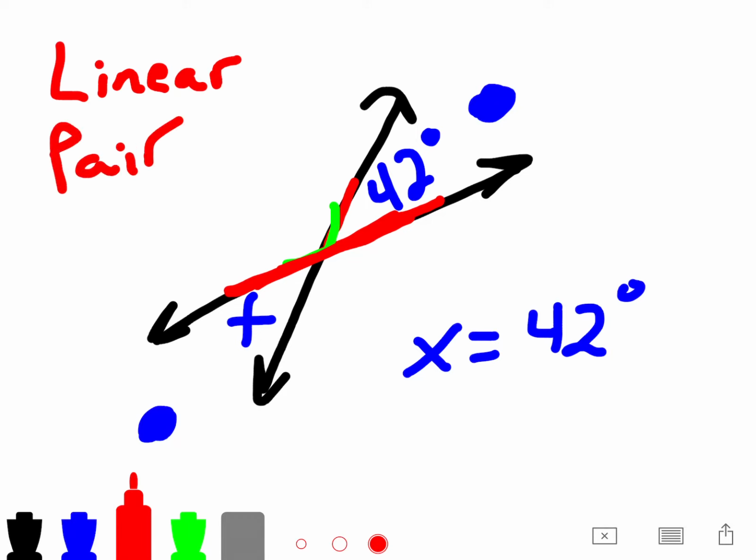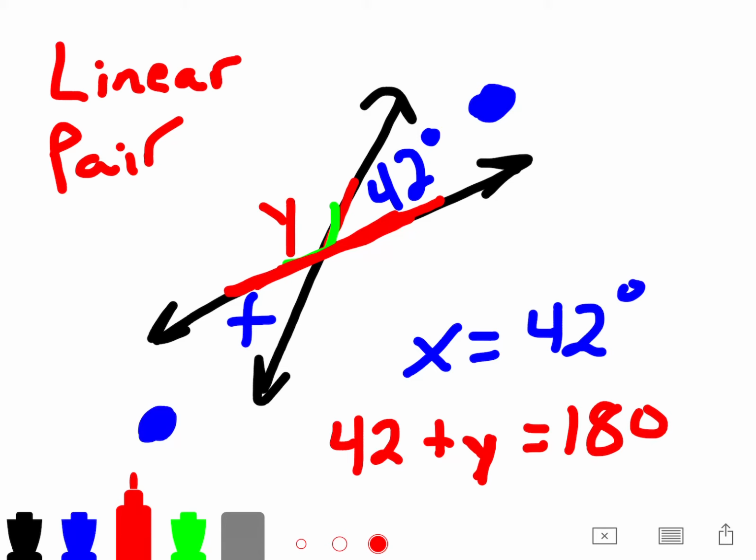Really important, because every time you see a linear pair, you know that those two angles are going to add up to 180 degrees. Remember when we talked about angle addition? Here's where it comes in really handy. I'm going to label this y because we're going to find y. So 42 plus y equals 180.